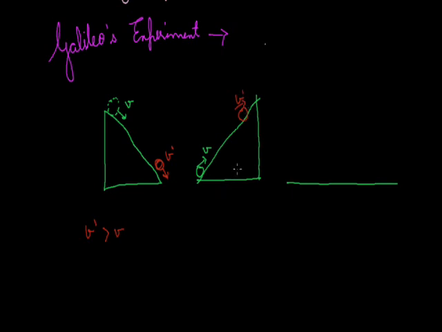But now, when the ball was moving from the bottom to the top of the inclined plane, he noticed that its velocity decreases. So in this case, v dash is less than v. These were the two cases on the inclined plane.